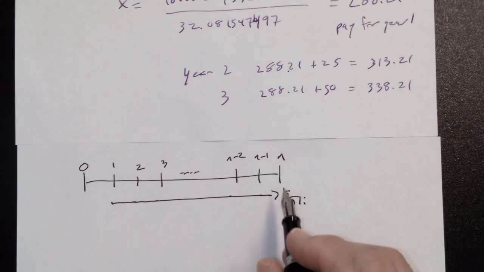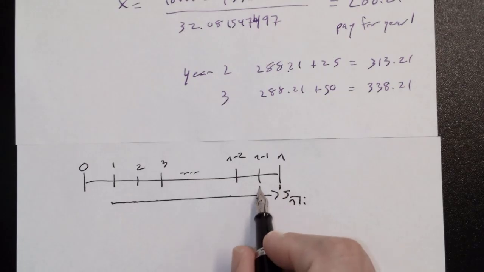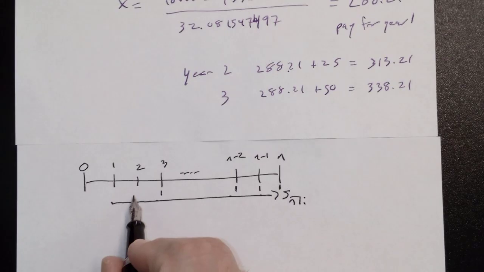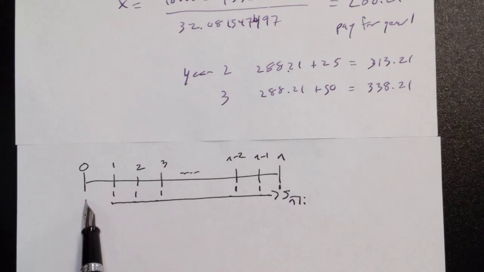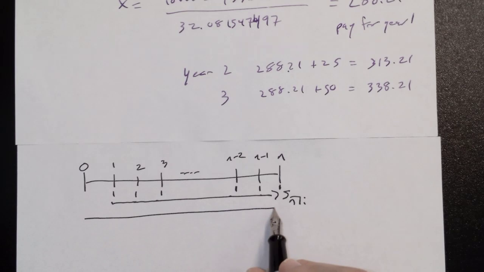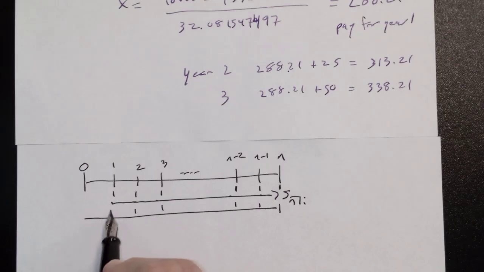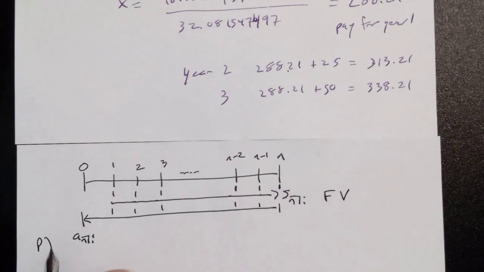But remember, that meant there was a deposit here and here and here and here and here and here. Notice there's no deposit here. But when I think of the present value, I'm thinking of bringing that to there, one period before the first payment is made. So this is future value, and this is present value.